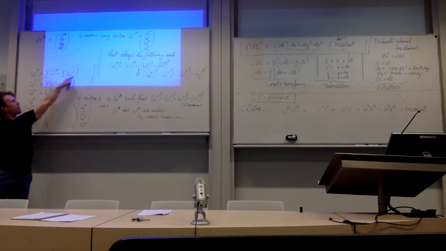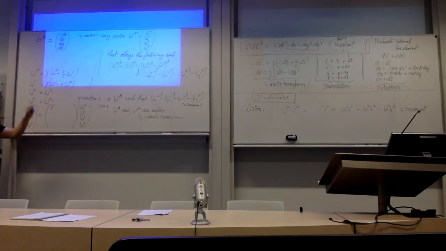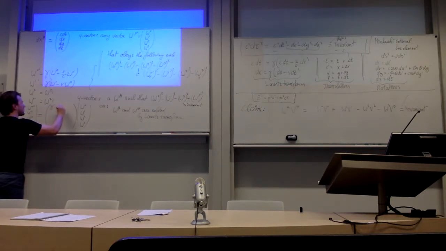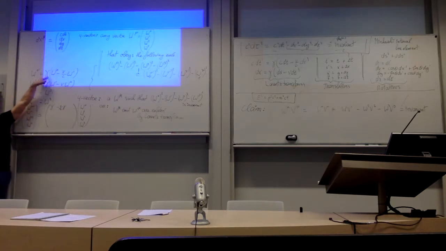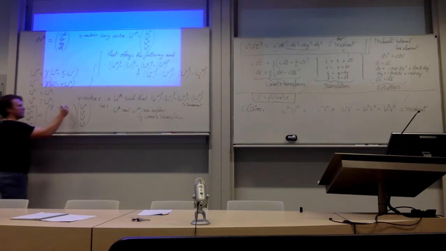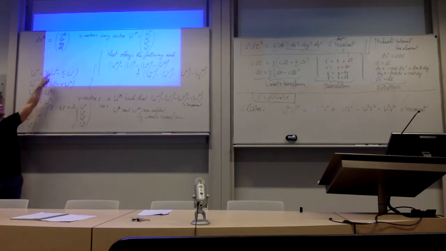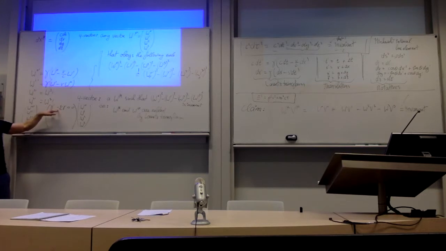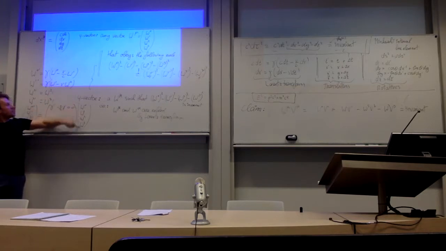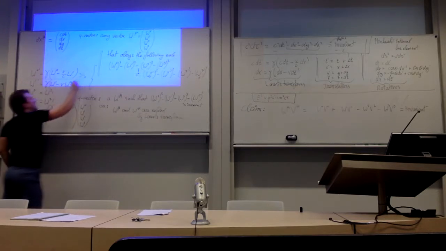How many omega 1s should be in your expression? Times gamma. There's still a gamma here. How many omega 2s are in here? 0. And 3s? 0. If you now do the matrix multiplication of the first row with this thing, you get gamma times omega 0, that's this one, plus minus V over C times gamma omega 1, gives you that one, and 0 times these two. So this one is now exactly covered.